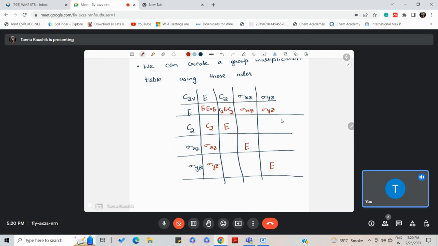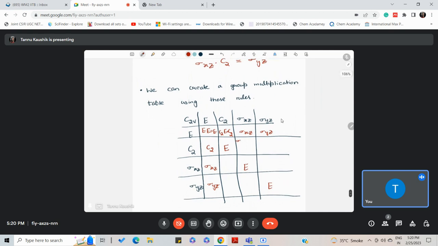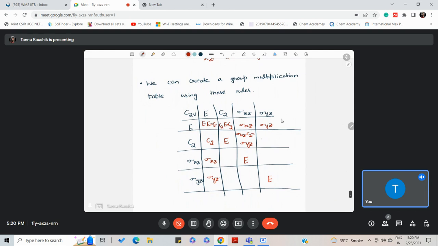So now, in each row and each column, any operation can't be repeated. Okay. So we have already checked that sigma xz into C2 is sigma yz. So we got this sigma yz. Now only one operation is left, that is sigma xz. So it will take this place. Similarly, here we know now only one position is left, so here we can fill it directly.